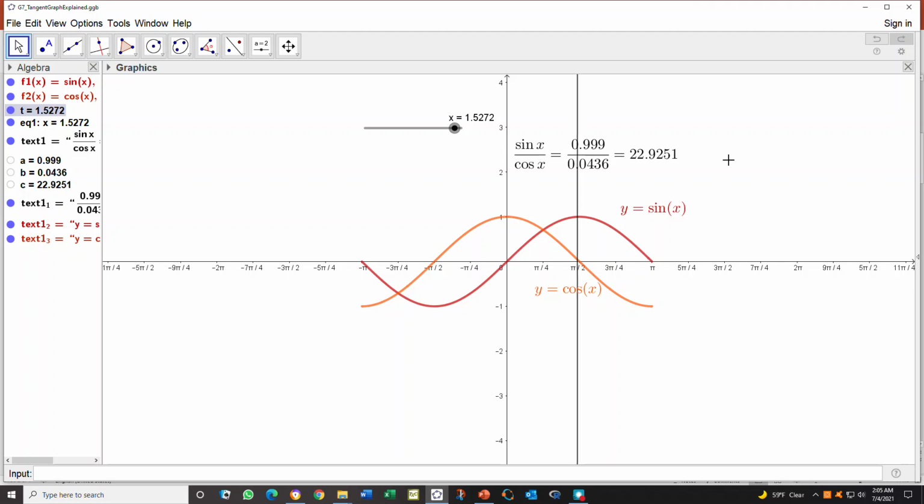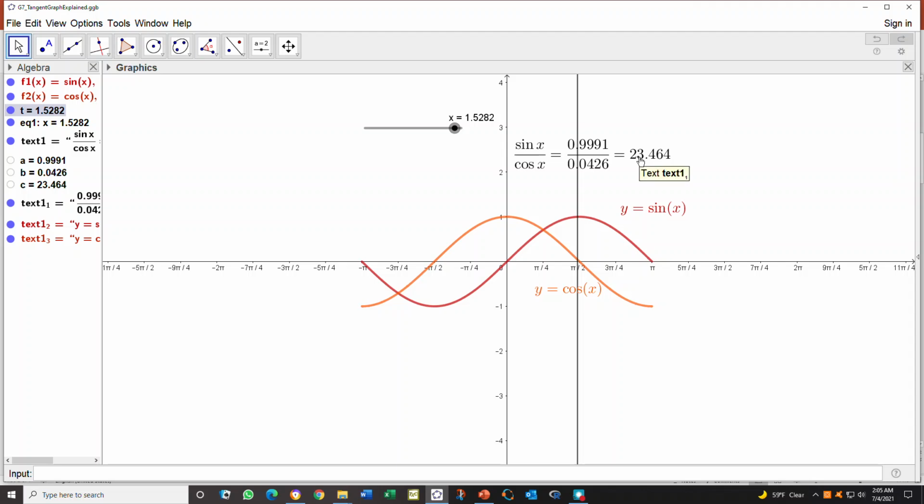As we are letting x get closer and closer to pi half from the left hand side, the sine value is positive and the cosine value is also positive, but cosine is approaching 0. That means we are dividing by a very, very small number. Pay attention to this concept, please.